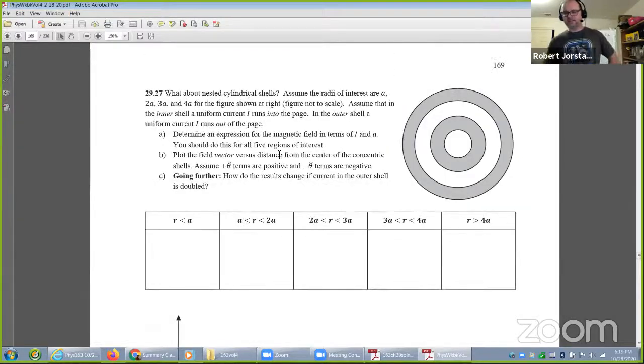Look at this. Here's shells. The same kind of, oh, yowza. Let's look at this problem. Page 169. Take a look at it.